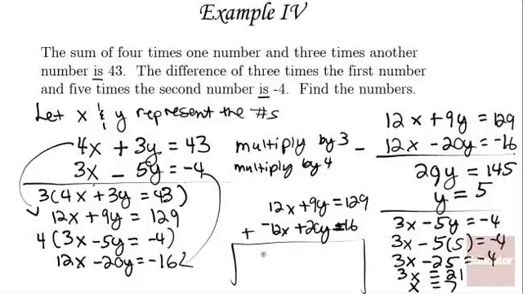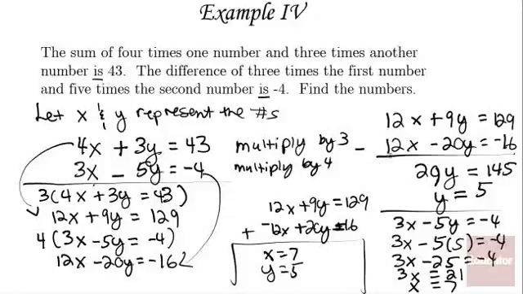My solution, x equals 7, y equals 5. The first thing I had to do is translate these words into a system of equations. When I did that, I saw that I needed to use multiplication to solve this, multiplying the first equation by 3 and the second by 4. That yielded these two equations, and I used subtraction.